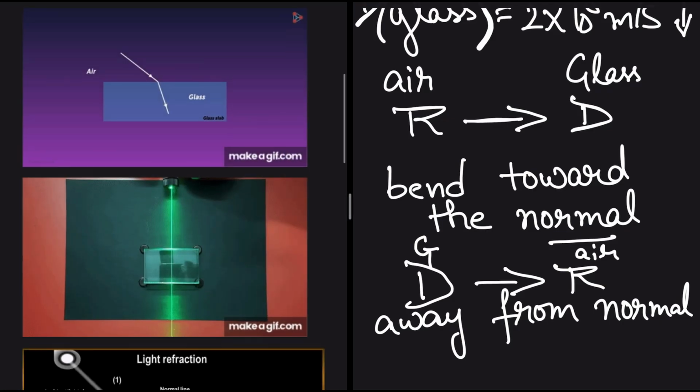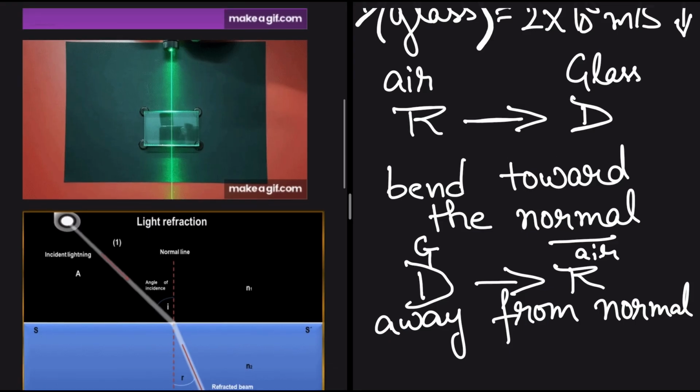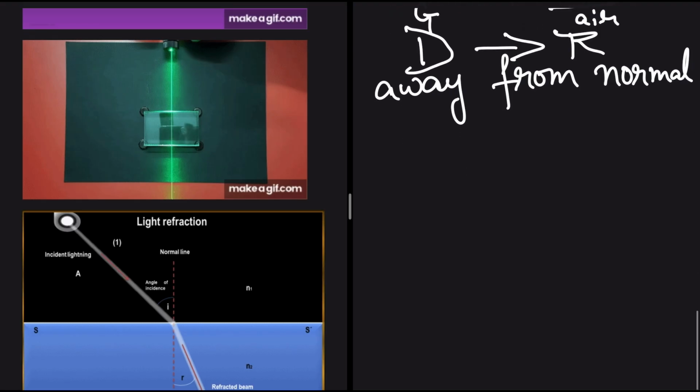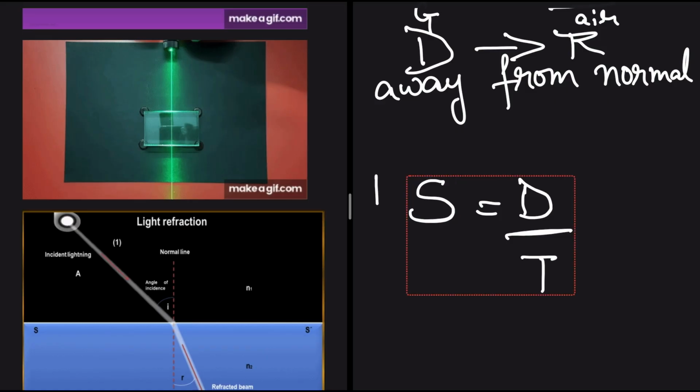Okay, if it is clear students, I want to add one thing: why does the speed of light decrease, and why is the bending towards the normal when the light goes from rarer to denser medium? We know, children, that speed is nothing but distance upon time. Now speed is decreasing as it goes from rarer to denser medium.